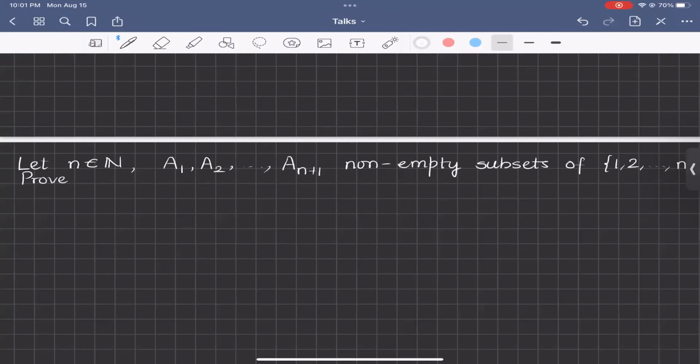Prove that there exist two disjoint non-empty subsets. Copying this from AoPS actually.